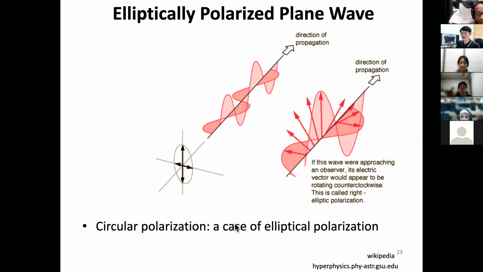So that becomes elliptic polarization. If the amplitudes are exactly the same and the phase retardation is exactly lambda over 2, or 90 degrees, you will get circular polarization. So circular polarization is a combination of horizontal and vertical fields with just the right phase shift retardation.